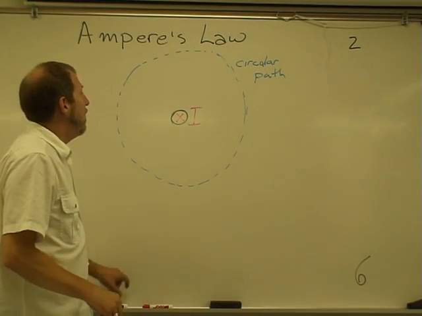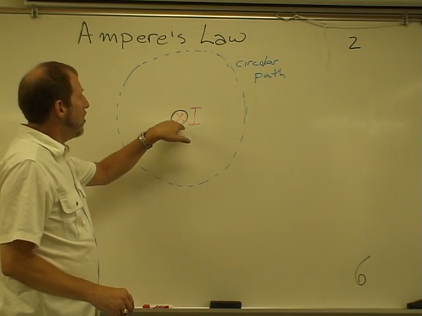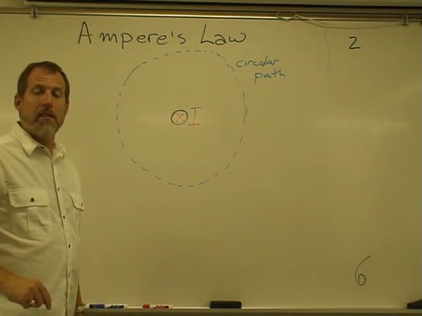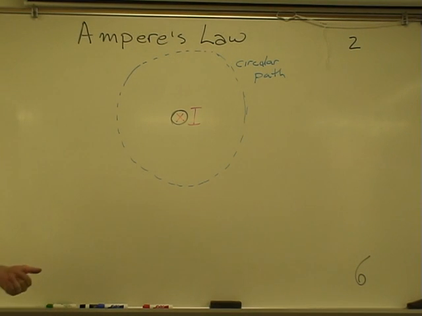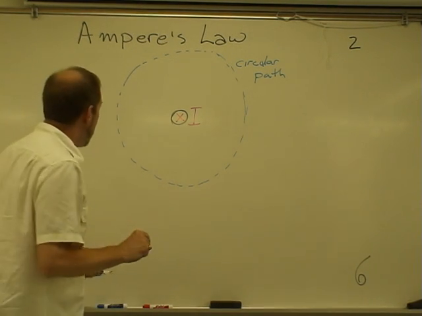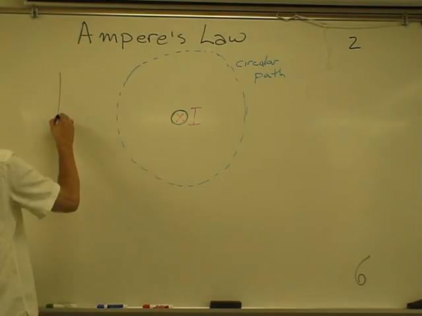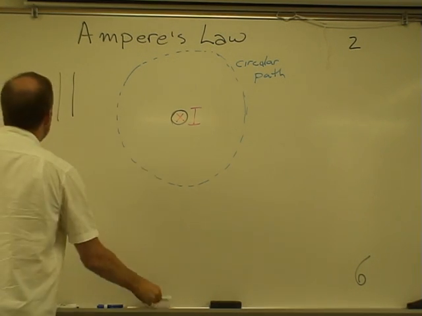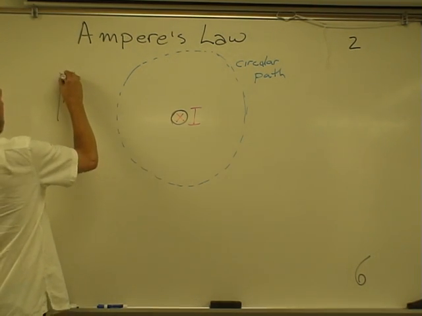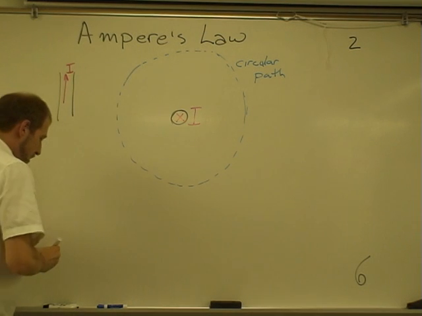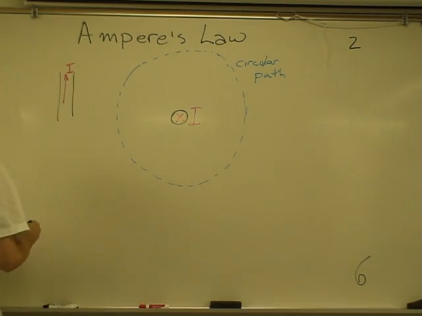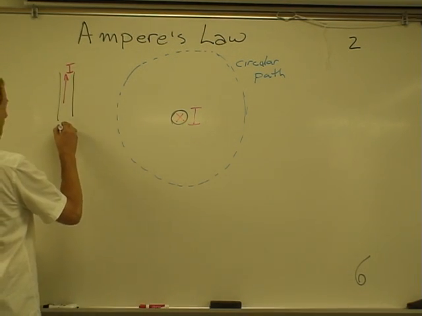Now, for a current going into the board, there are a couple of different ways to find the direction of the magnetic field from a wire. One way of using the right-hand rule: here's the wire with a current traveling through it.